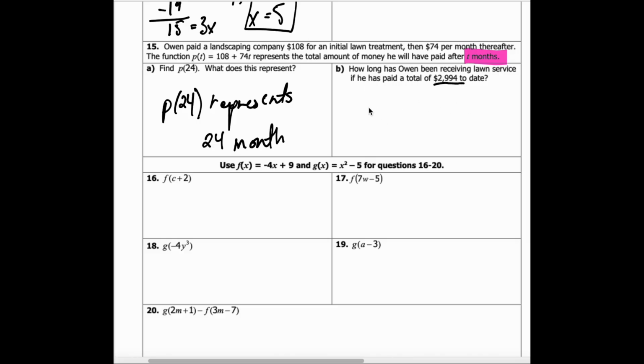This is the total amount. So we are going to say that the output is $2,994. And the way we got there is adding the 108 plus the 74 times t. And so they want us to find out t, how many months. So we're going to go ahead and solve for t.